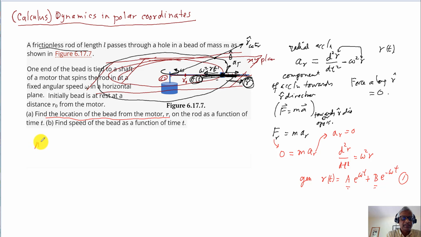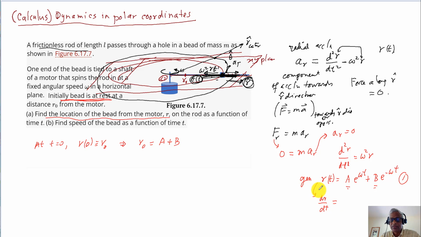So at t equal to 0, we have some point r0. It will fix one of these, right? That will give me r0 equals a plus b. So I need one more condition. Another condition will come from the fact that initially the bead is at rest, so I need dr dt to get a speed.